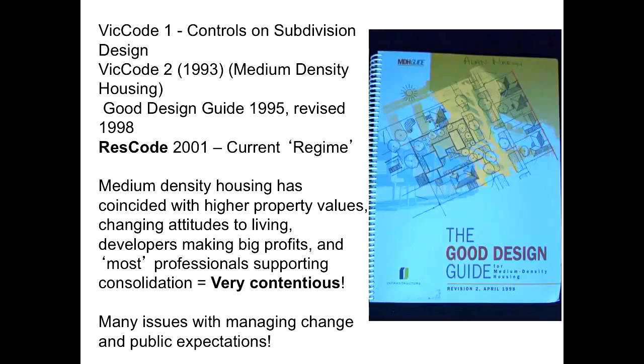And Vic Code 2, which came along a little bit after, dealt with medium density housing. So medium density was roughly understood as housing on lots of less than 500 square metres, or more than one house on a lot of 500 square metres or under 300 square metres, depending which municipality you were in. So by international standards, probably not medium density. By Australian standards, yes, for that time.